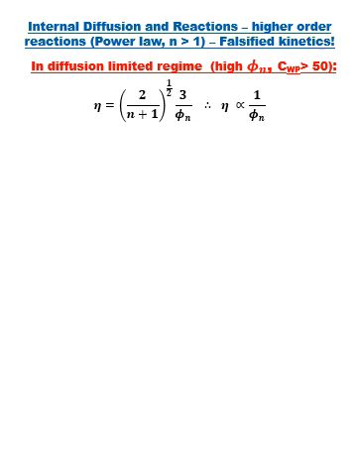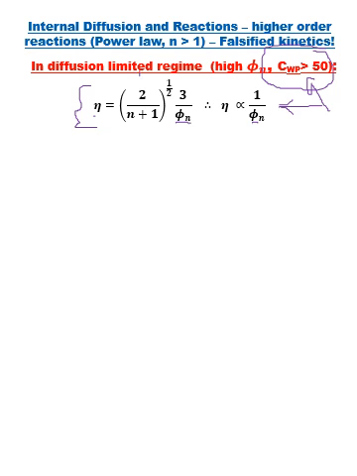So once we've proven that we are actually in the internal diffusion limited regime, so we now know our Weiss-Prater parameter is higher than 50, an equation is available, you don't need to be able to derive it, for eta for higher order reactions as a function of the Thiele modulus. What is important for you to realize is that if you are in this regime, eta is inversely proportional to the Thiele modulus.